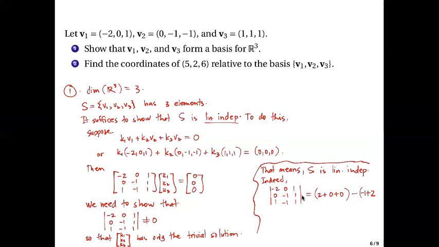And then here you have 1 times 0 times 0 plus 0. And this is equal to 1. So 2 minus -1, that's 3, minus 2, that's +1. So this is not equal to 0.